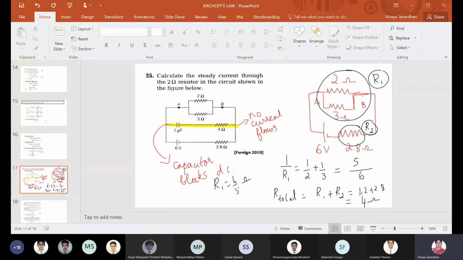I'll have to switch over to the next PowerPoint presentation. Ma'am, do we have to see if the current is clockwise or counterclockwise? No, boys. This is a simple circuit. Only when things are complicated, you can go for it. So I'll go for this. I'll share the next one. One second, guys.